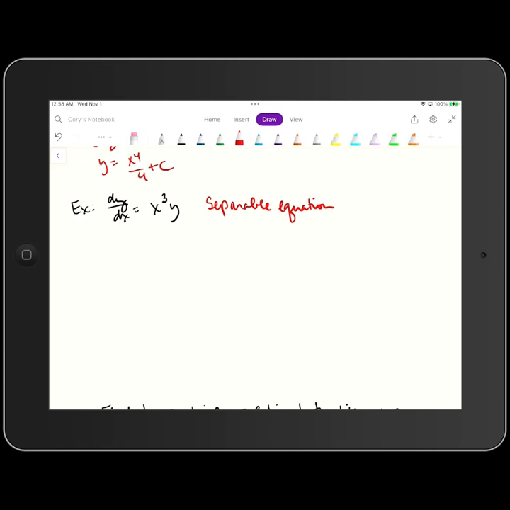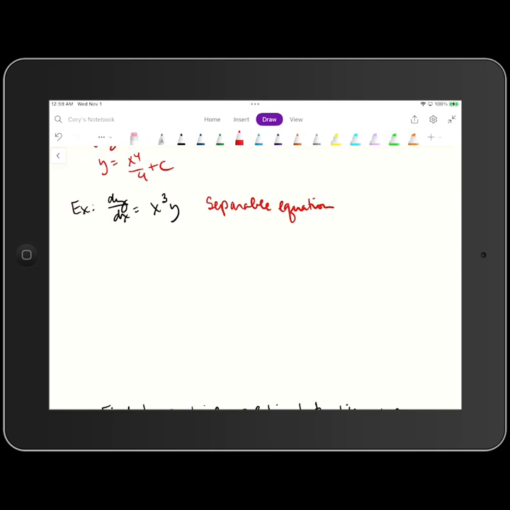And separable equations are those in which we can write the derivative as a product of functions of x and y. Okay, and we solve these separable differential equations by that process that we just went over, integration by separation of variables. Now, I'm not going to work this all the way through to completion.